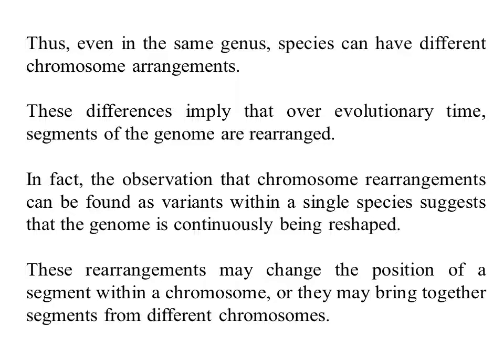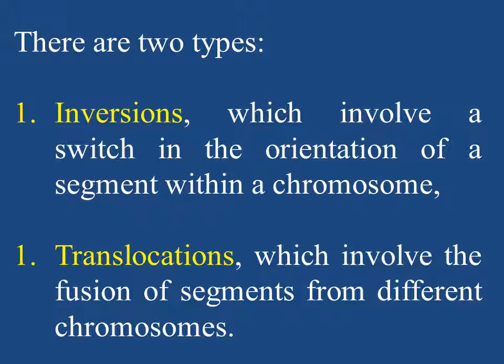These arrangements may change the position of a segment within the chromosome. So what are these arrangements done for? They are done to change the position of the segments within the chromosome, or they may bring together segments from different chromosomes. That means two different chromosomes may exchange their segments, or a single chromosome may rearrange.